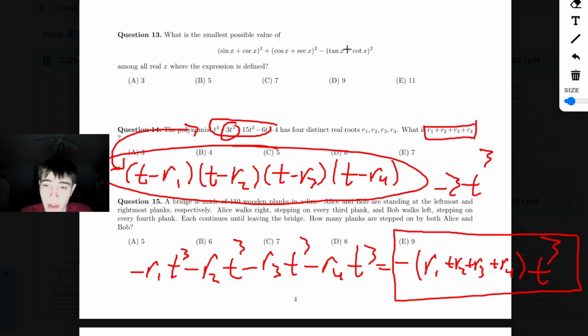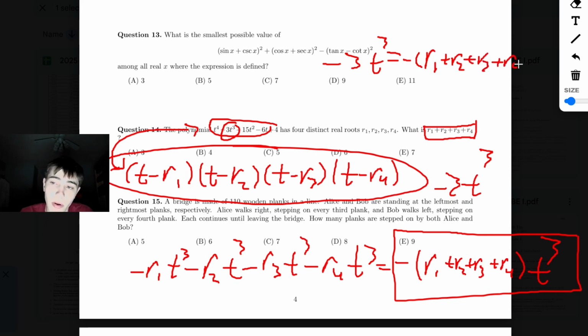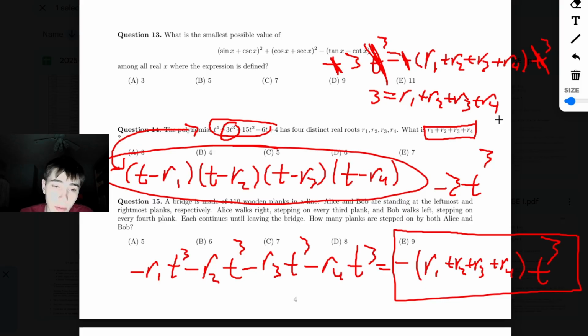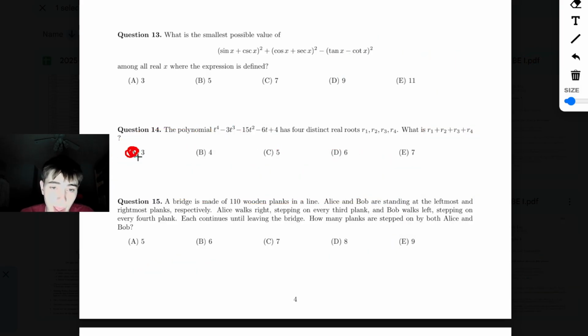That means that negative 3t cubed equals negative (r1 plus r2 plus r3 plus r4) times t cubed. And if we divide off the t cubed and get rid of that negative sign, then we'll have 3 equals r1 plus r2 plus r3 plus r4. So that is going to be our answer, A, 3. Cool.